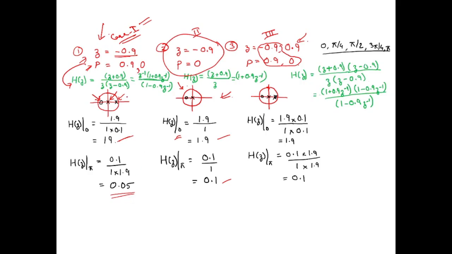Okay, so it was quite obvious because we are having two poles and a zero, and the addition of a pole near to the unit circle has increased the amplitude response. It has significantly increased the amplitude response near the DC frequency. Now when we remove that pole, the amplitude response decreased, right?